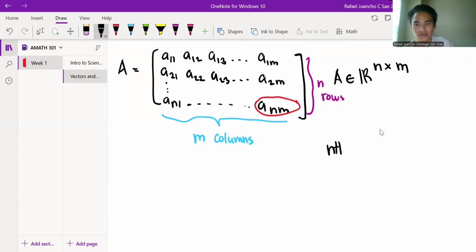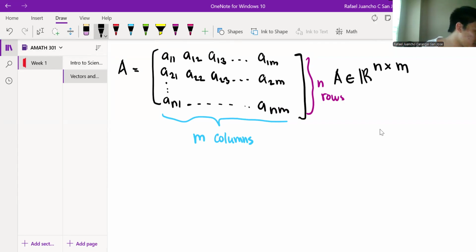Nth row, and we're at the mth column, the column M. Okay, so far so good. And what are we doing with this?